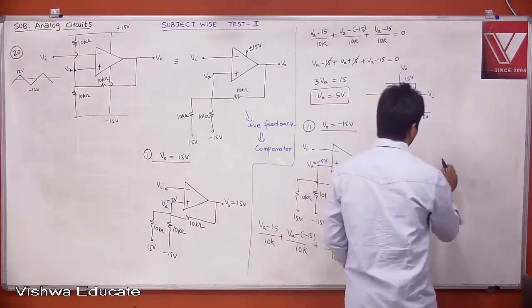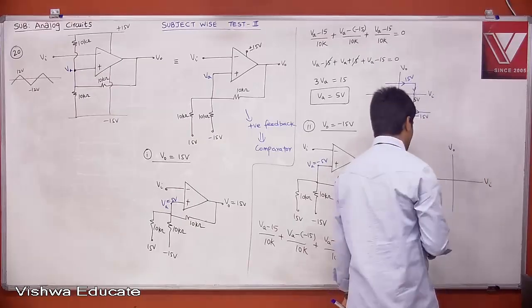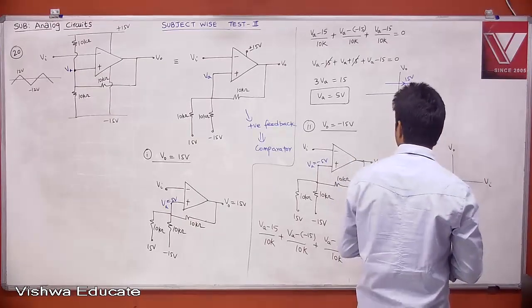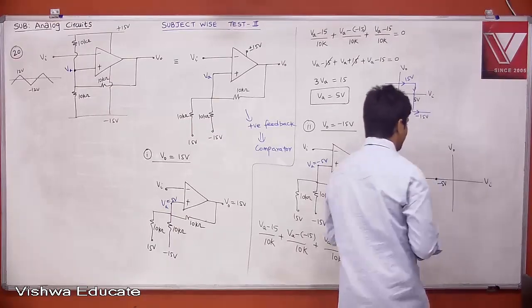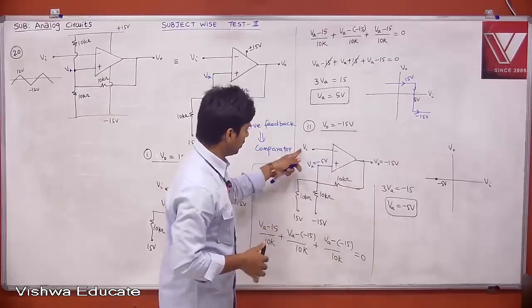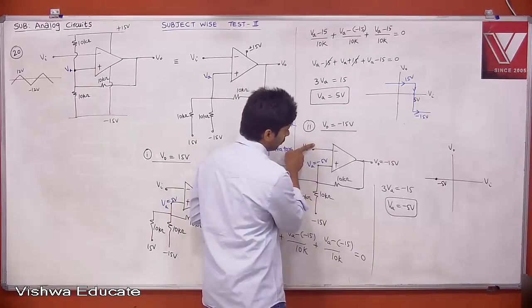Therefore, if you draw the transfer curve, this is your VI and this is your V0. Now tell me, what is the break point? The break point is minus 5. Therefore, if your VI is more than minus 5, let us say 0, which is more?